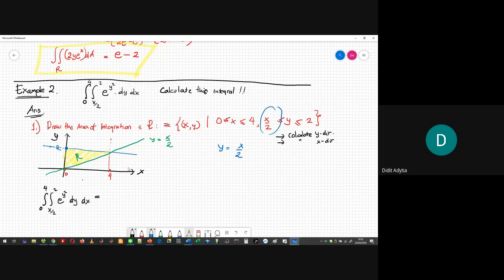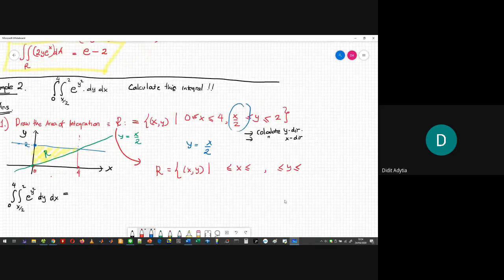Oke. Atau ada dua opsinya, yaitu kita gunakan R itu dibalik urutannya. Oke. X, Y, and then we define this is X, and then we define this is Y. Kita balik sekarang urutan dari integrasinya. Oke.